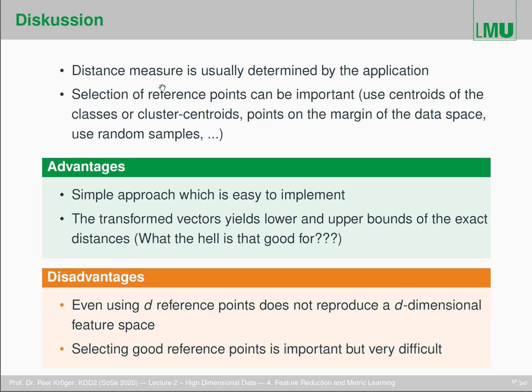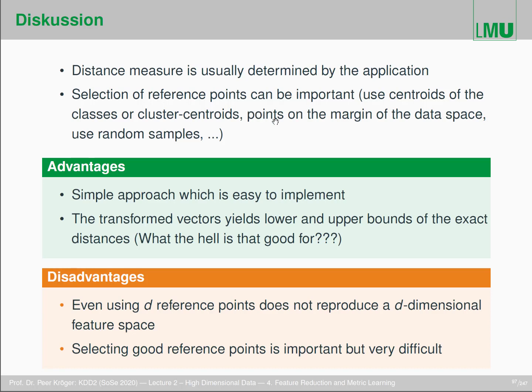So, a short discussion. The distance measure is usually determined by the application, and this should probably go into the disadvantages, because if the distance measure is not good, then probably your embedding is also not good. Second, which should probably also go into the disadvantages: the selection of reference points can be extremely important. Very often people try to use centroids of the classes if you have labels, or if you don't have labels, cluster it before with k-means and then use the cluster centroids.